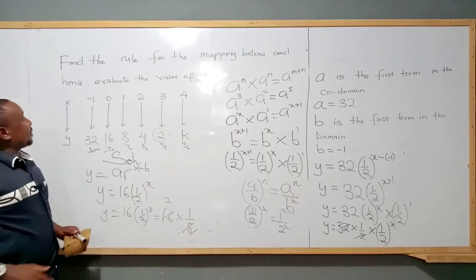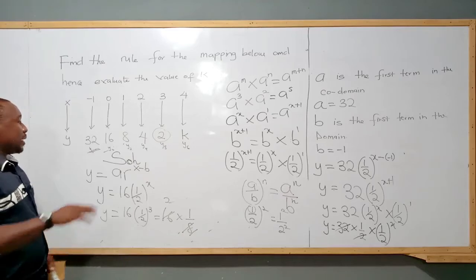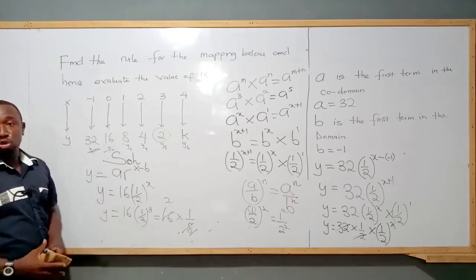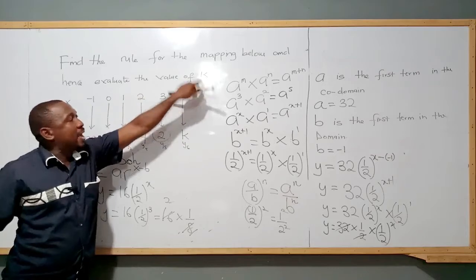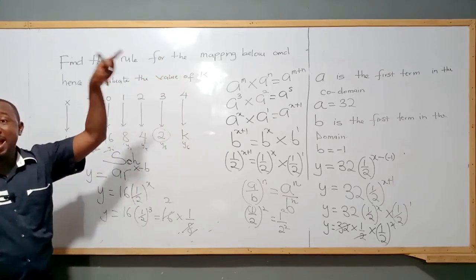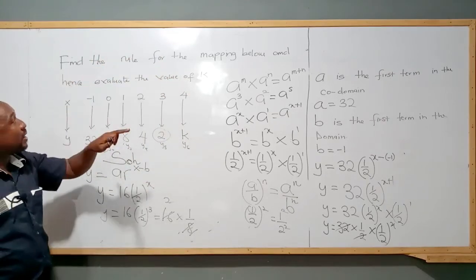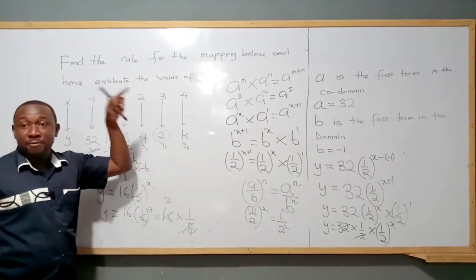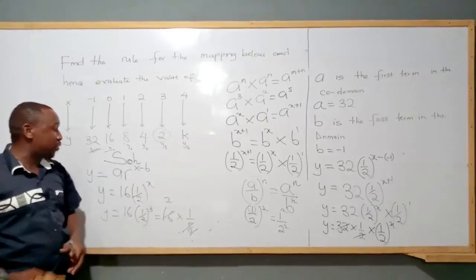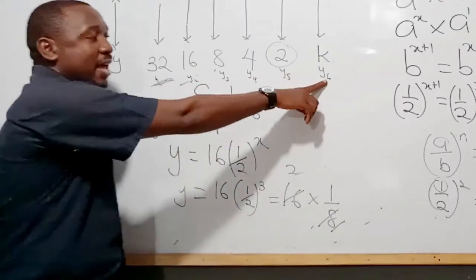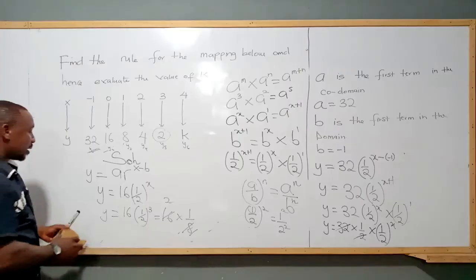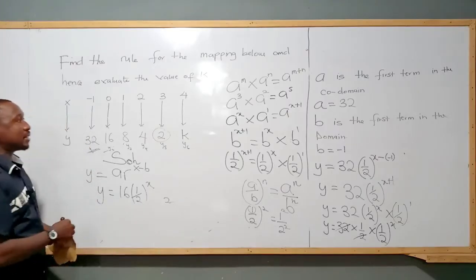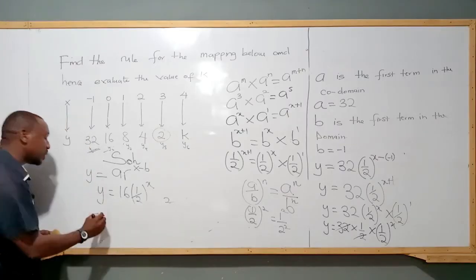In effect, the same process should be used to evaluate the value of k. Because the question is, hence, after finding the rule for the mapping, find or evaluate the value of what? K. K is y6. So in order to find your y6, y6 also uses the same rule.